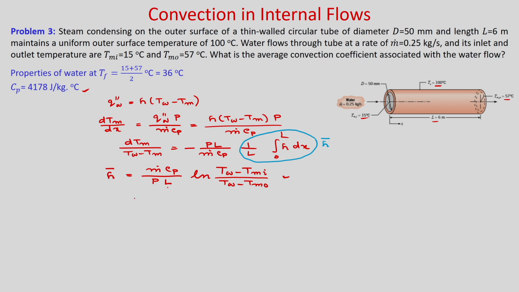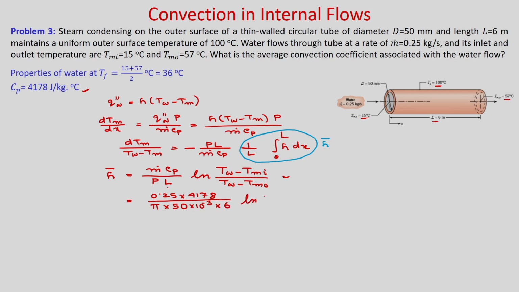So, you put all the values. m dot is given as 0.25 kg per second, so 0.25 into Cp, 4178, perimeter is pi d, so pi into diameter, which is 50 into 10 to the power minus 3, and length is 6 meter.